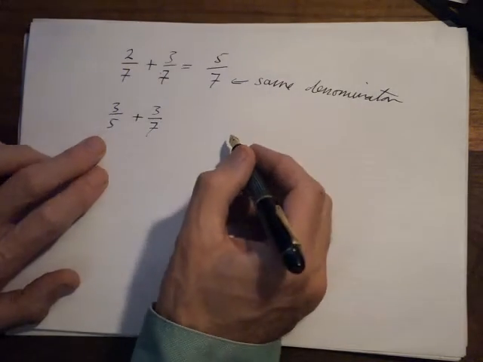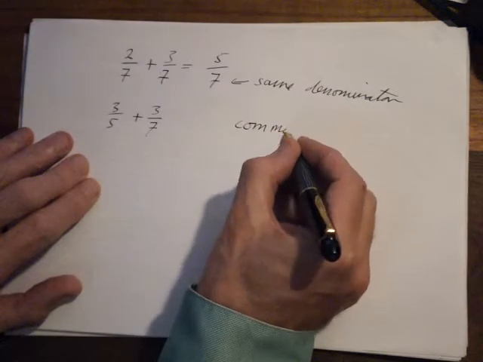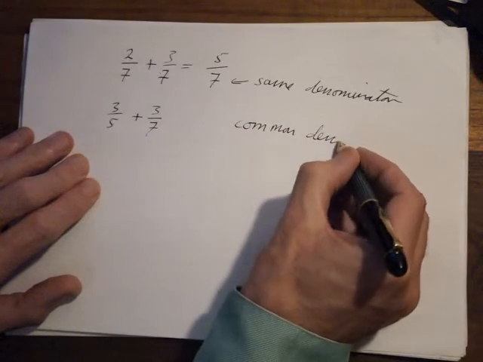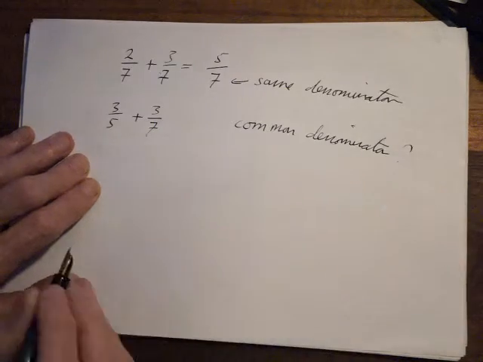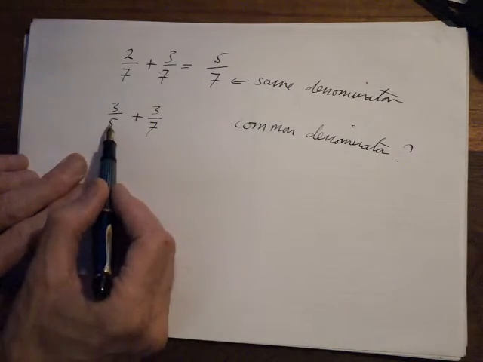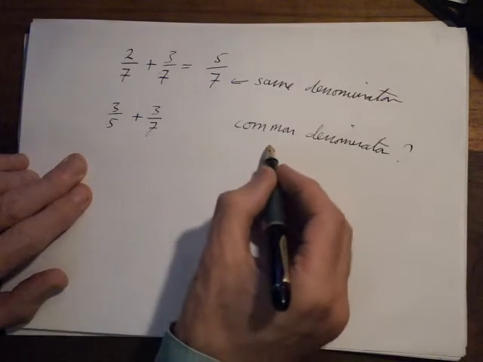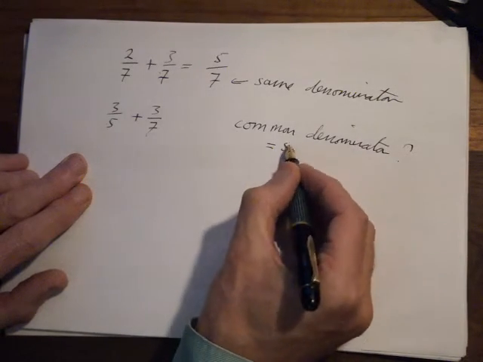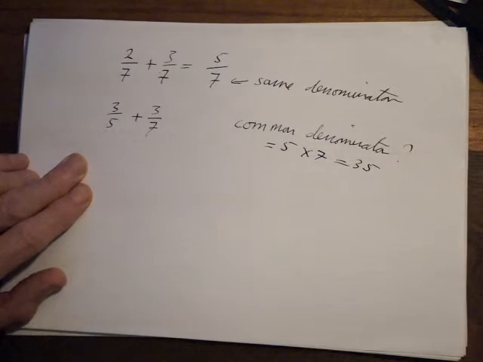And one way to deal with the denominator is we need to find a common denominator. One way to get a common denominator is to just take that number and multiply it by this number and say that the common denominator equals 5 times 7 equals 35.